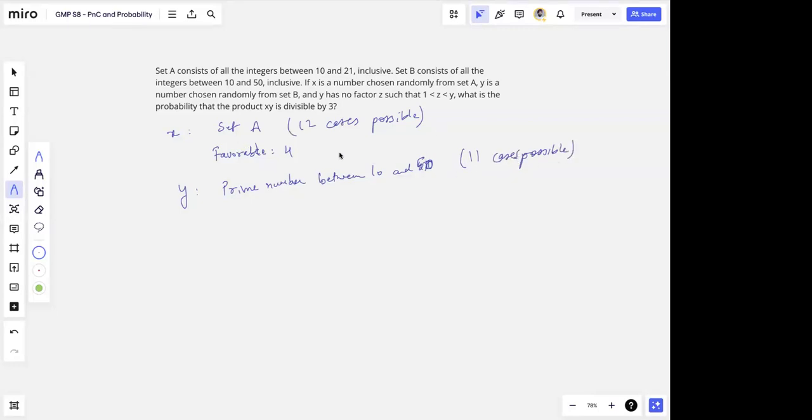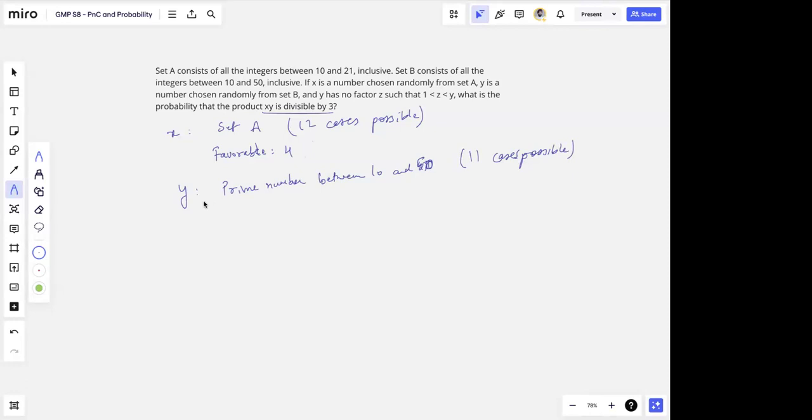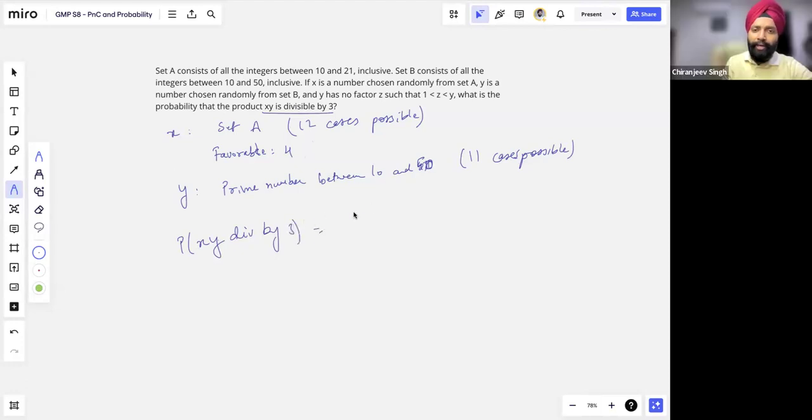So this is the possibility. And now we need to make xy divisible by 3. So it should be 4 by 12 into 11 by 11. Because y can never be divisible by 3, the only way is x divisible by 3. And then you don't care about y, because y could be any prime number. Right?